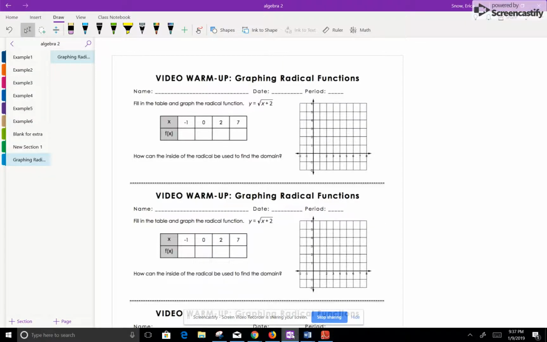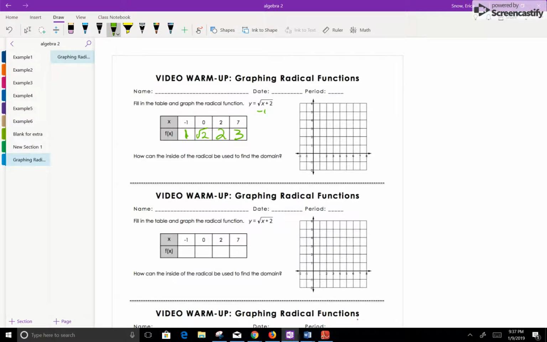Okay, after watching that other video, you should be able to fill in this little chart. So if we plug in -1 for x, we get -1 plus 2, which is 1, and the square root of 1 is just 1. 0 plus 2 is 2, and the square root of 2 is going to be a fun little decimal that you guys can figure out. 2 plus 2 is 4, and the square root of 4 is 2, and 7 plus 2 is 9, and the square root of 9 is 3.